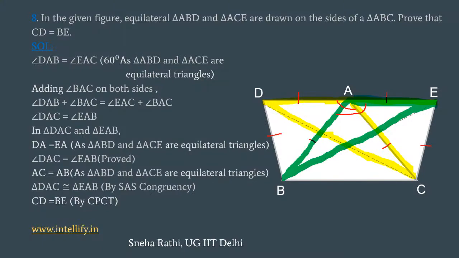So by SAS congruency we can prove that triangle DAC is congruent to triangle EAB, side angle side congruency. So by CPCT you can prove that CD is equal to BE.